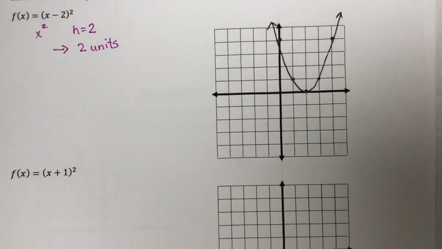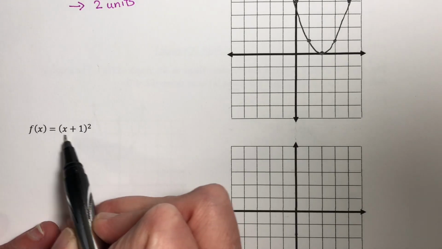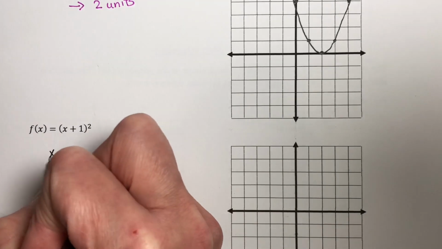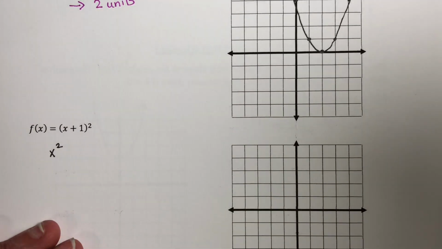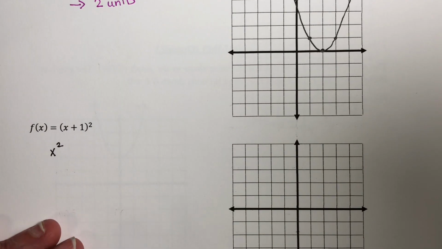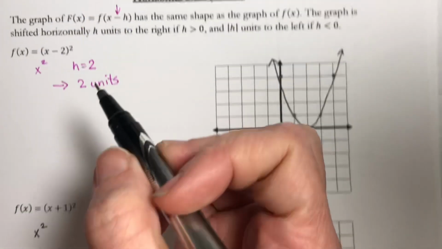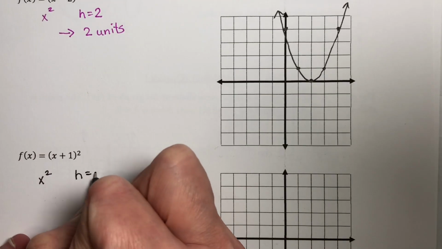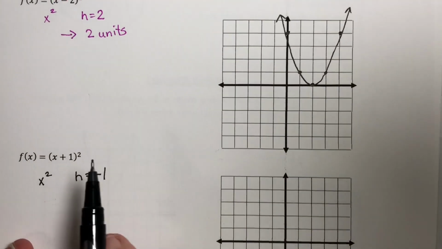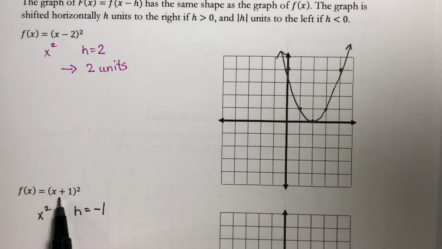Okay, now this one has a plus inside. It's inside the square, so I'm still starting off with the square. If this had been a cube right here, I'd be starting off with a basic cubic function, but I'm starting off with a square. This time it's a plus. So my h value is negative 1 because this negative is going to make a double negative here, which gives me the plus.